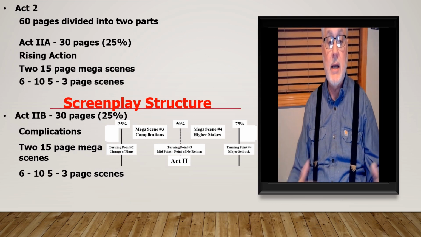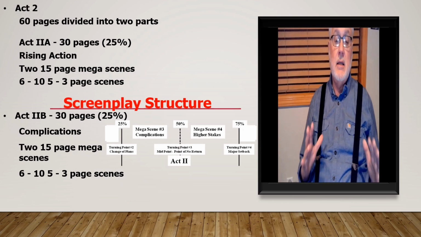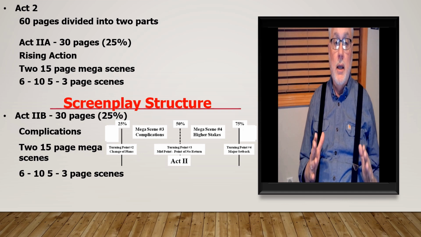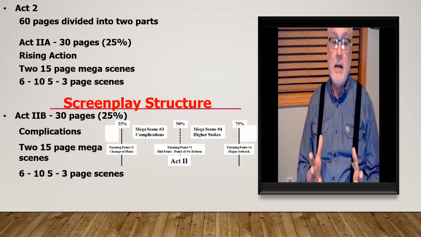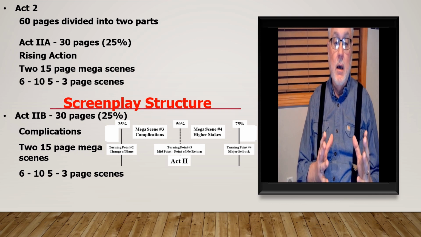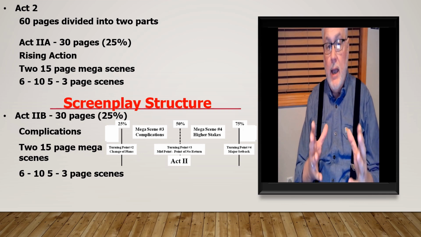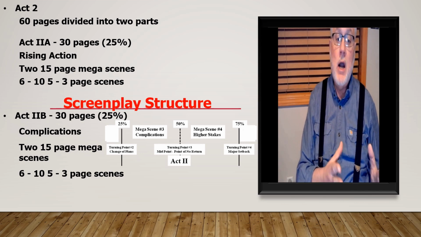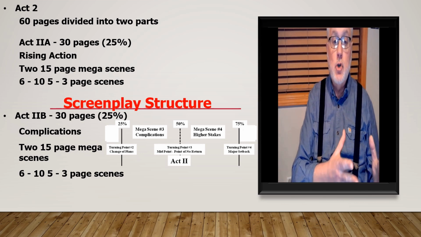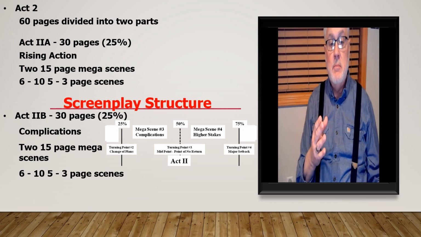So the next, Act 2, again, as I said, is approximately 60 pages, but you have 2 parts of that act. You have Act 2A, if you will, which is 30 pages, again 25%, but there's rising action in that. In other words, you're taking the story to the midpoint.